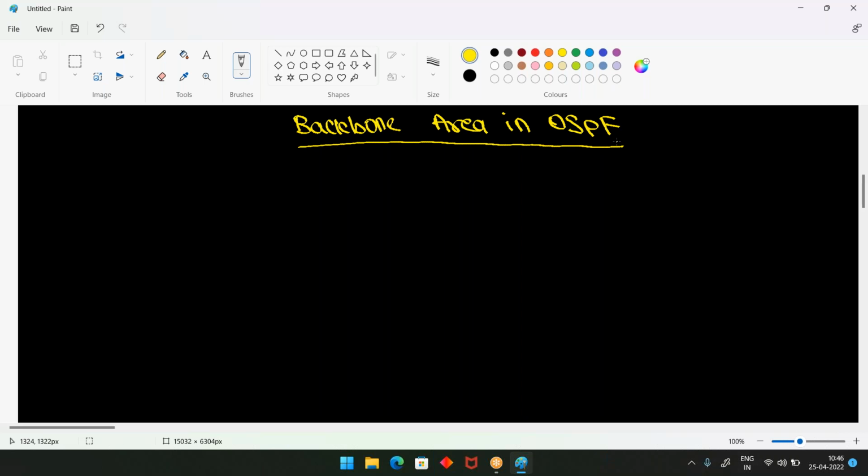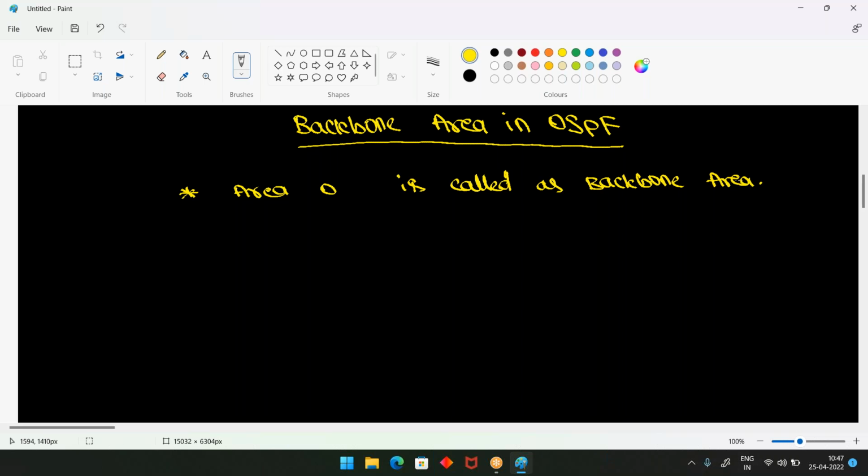Sir, what is meant by the backbone area? Now check this. In the OSPF protocol, area 0 is called the backbone area.